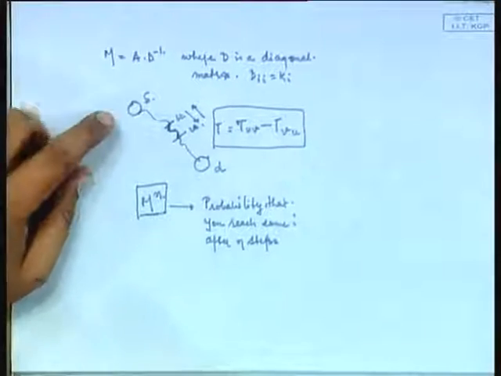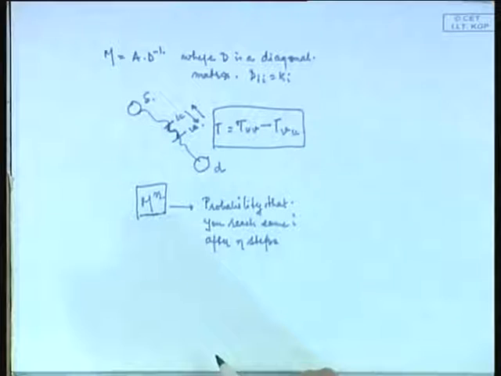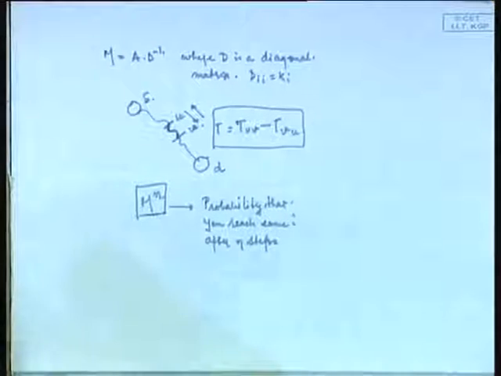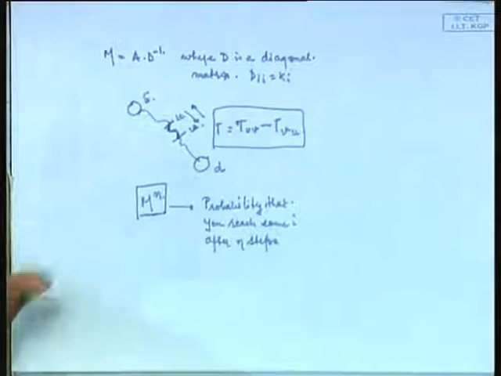Now, can you tell me, if I have a source destination pair, what is the problem with M to the power n? There is a problem if I take random walk betweenness and do M to the power n: there will be some undesirable paths which have to be taken care of.